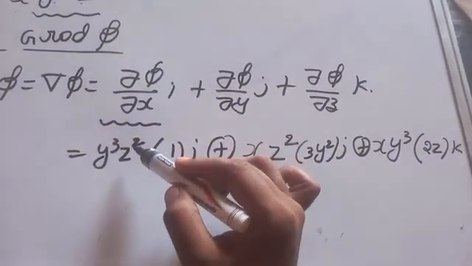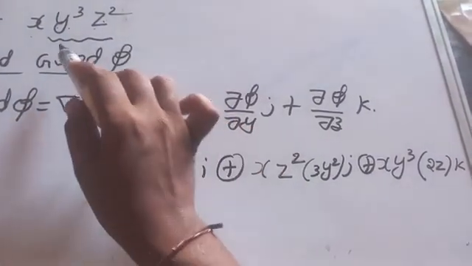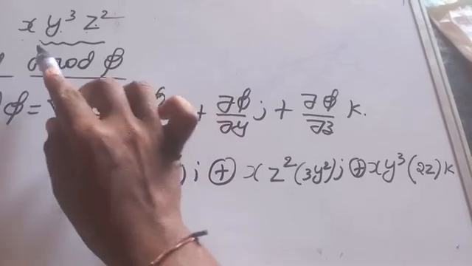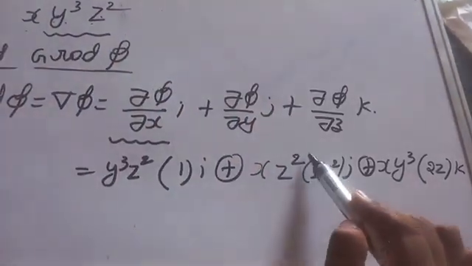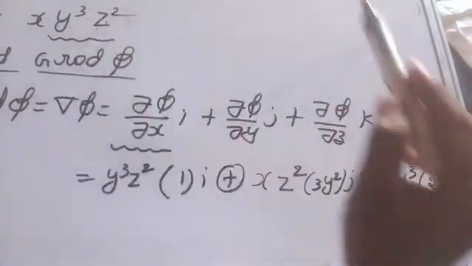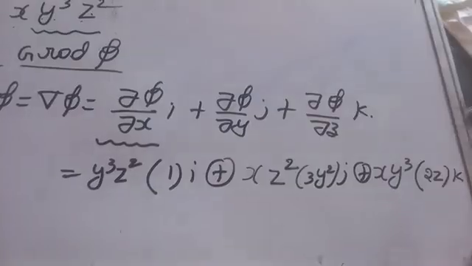So with respect to x, y cube z square is constant and the derivative of x is 1. With respect to y, x and z square are constant and the derivative of y cube is 3y square. With respect to z, x and y cube are constant and the derivative of z square is 2z.